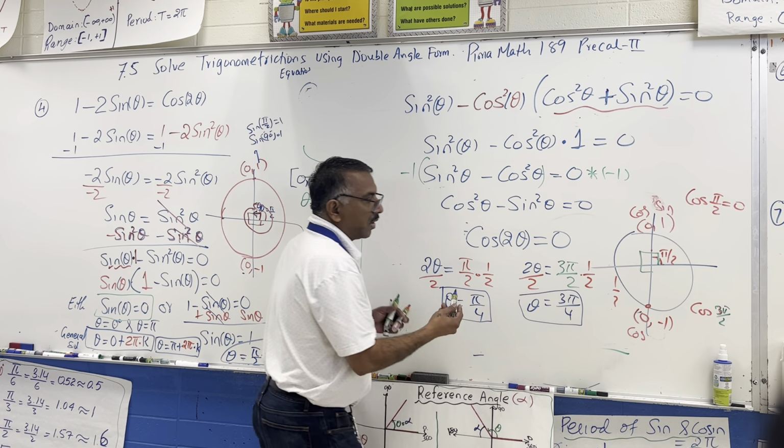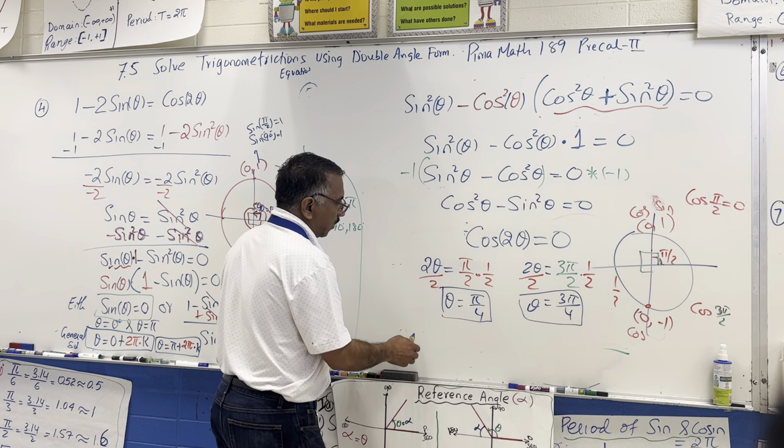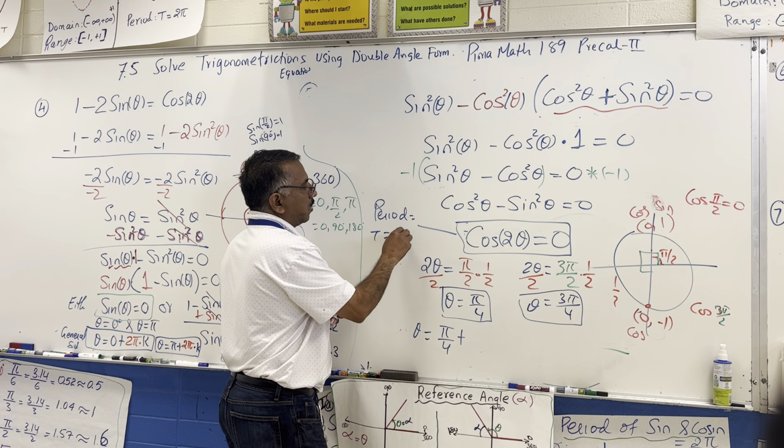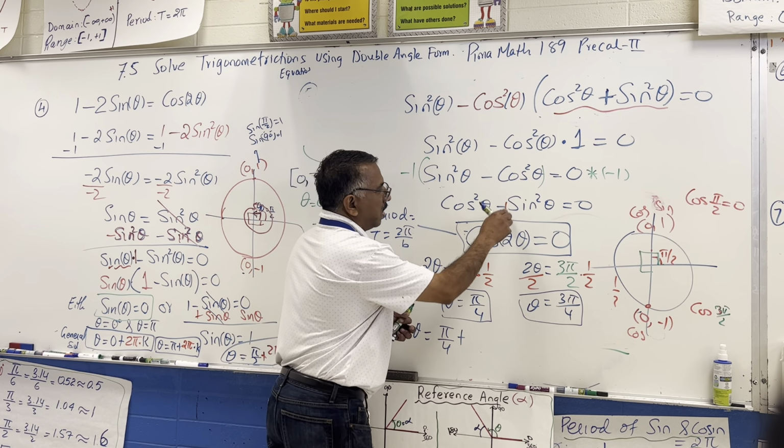Then how do we generalize? The general equation is theta is not only pi by 4, but now watch this. What is the period here? You should know what the period is. The period is always T equals 2 pi divided by b, where b is this part. That means it is 2 pi over 2, and that is pi.